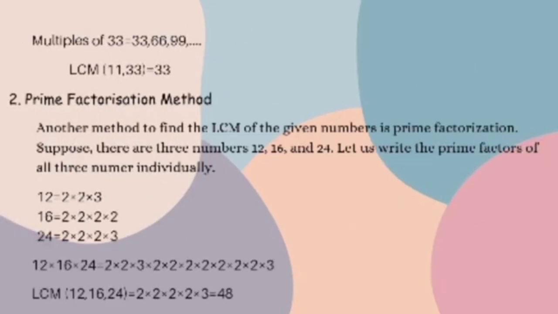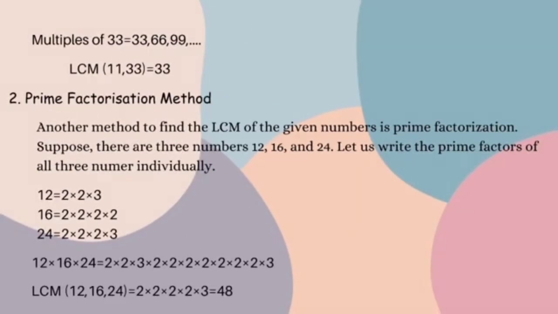The multiples of 33 are 33, 66, 99, and so on. We can see the first common multiple, or the least common multiple, of both numbers is 33. Hence, the LCM of 11 and 33 equals 33.